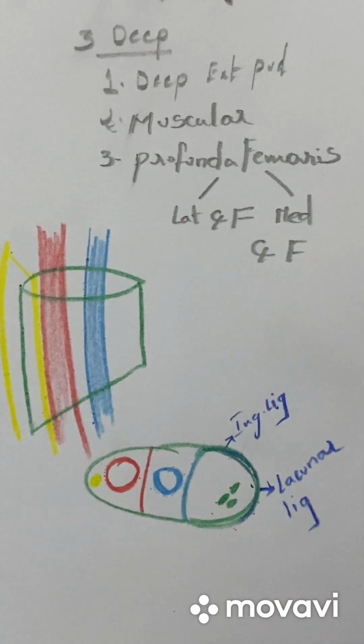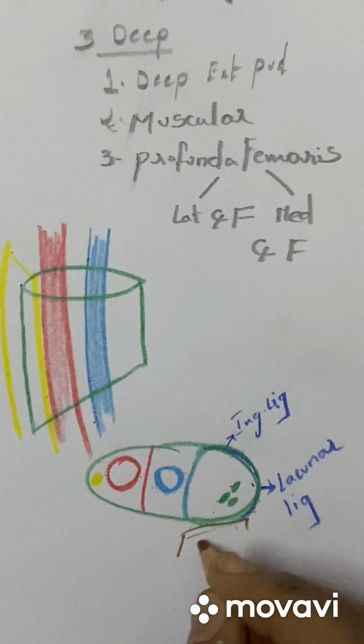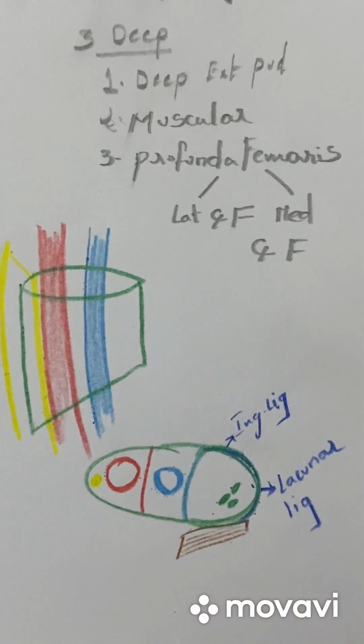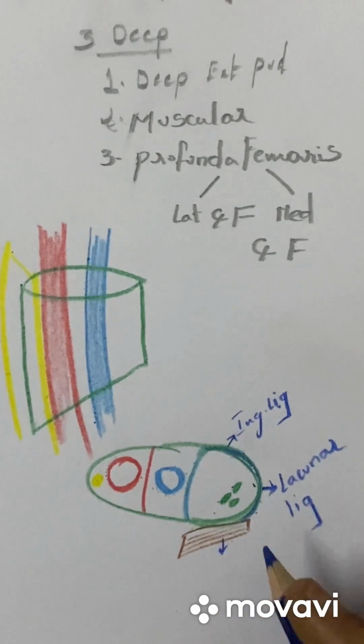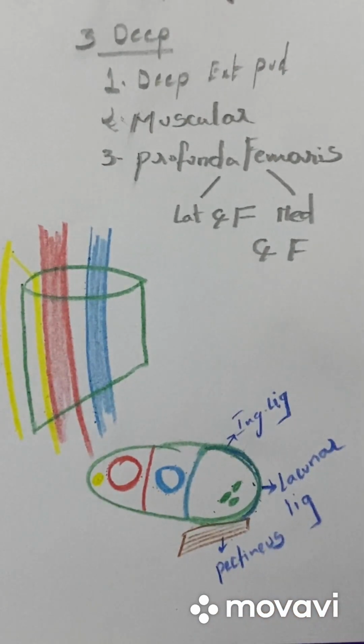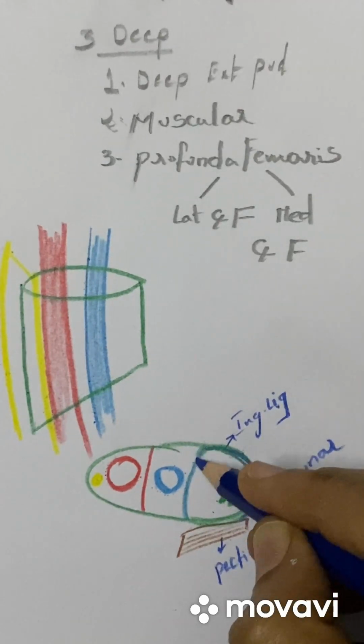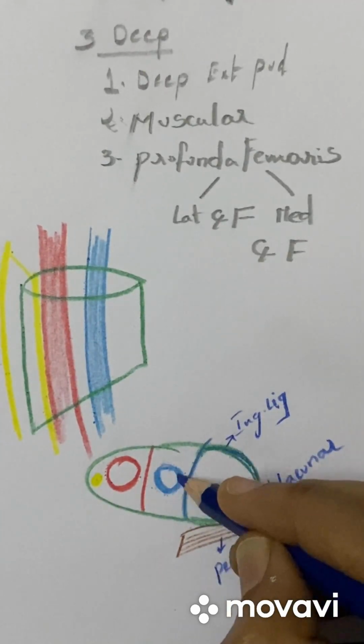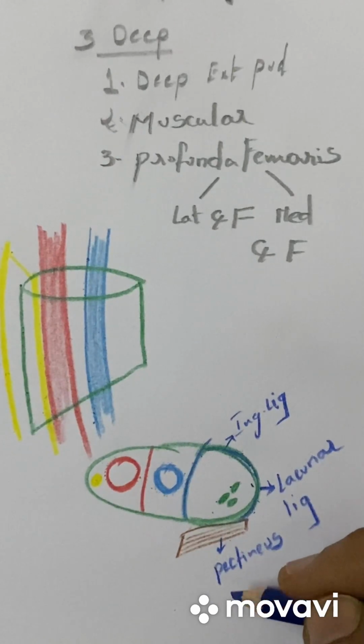Posteriorly it is bounded by a muscle called pectineus. Laterally, the femoral ring is bounded by the septum, separating it from the femoral vein.